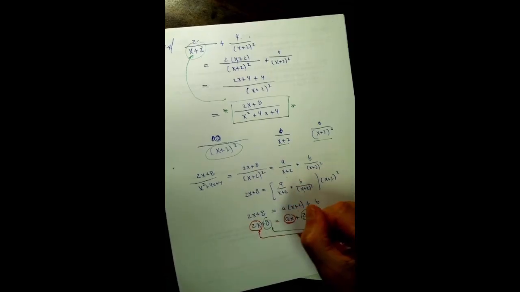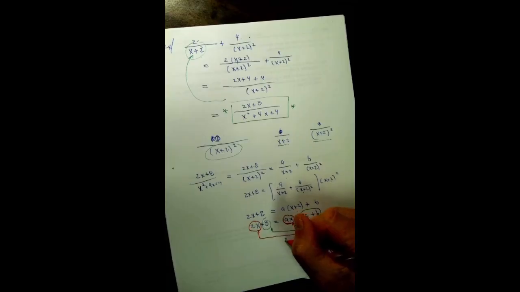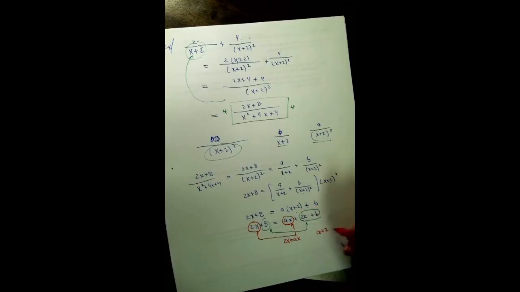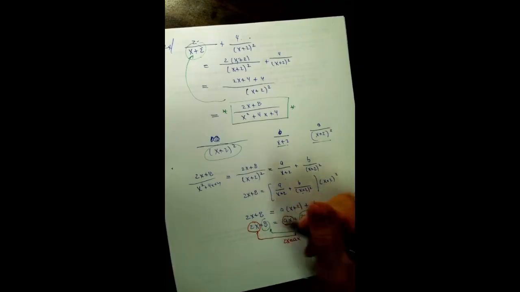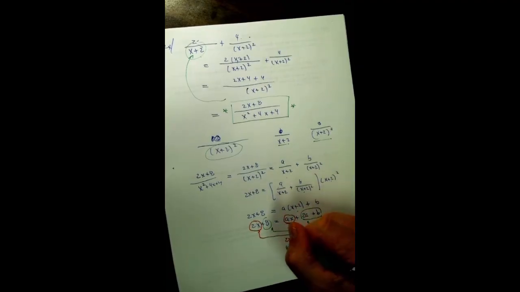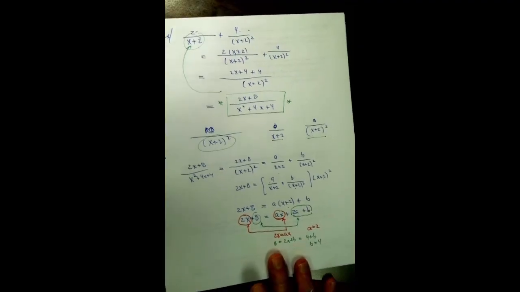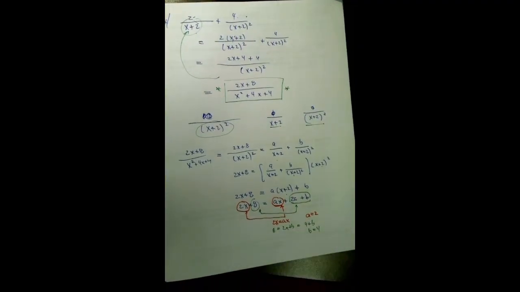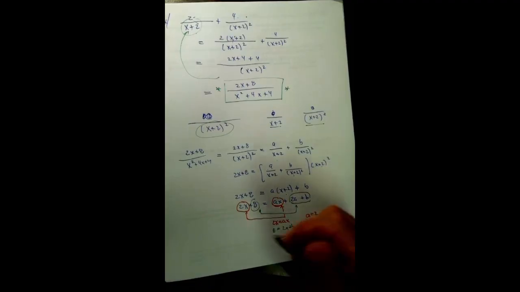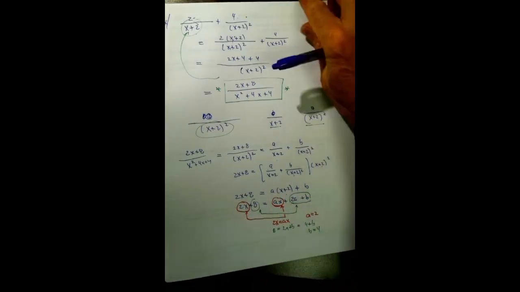So that means 2x has to equal ax. So a is 2. And 8 has to equal 2a plus b. But since a equals 2, this is 4 plus b, so b equals 4. And that all means then that, let me just use another page here.